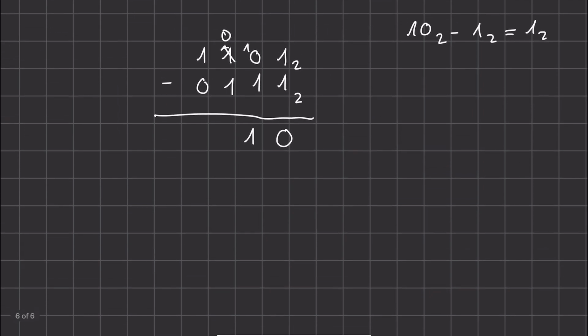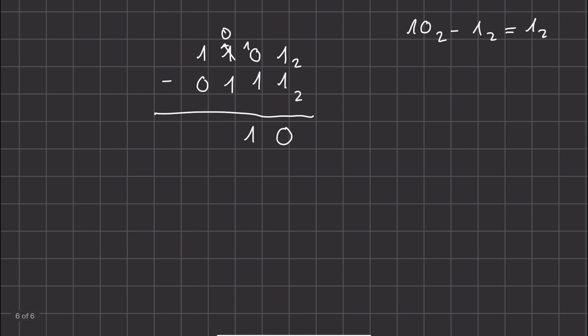And then moving on to the next one, we'll again be trying to subtract 1 from 0, which requires us to borrow from this 1 once more. So we cross this out, get our 0, and then up here have the borrowed 1, and do the same operation. So we know that 1, 0 in binary representation minus 1 in binary representation is 1, and then we move on.